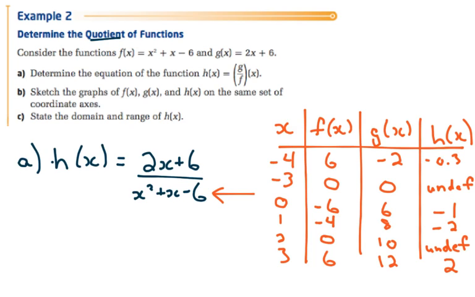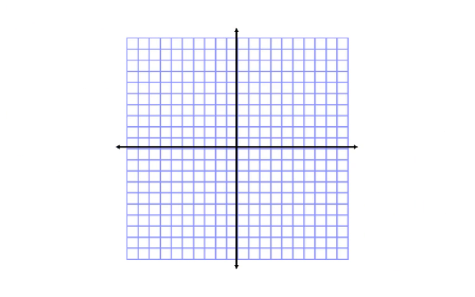So we go to graph these, and I'm going to flip back and forth so that I have them handy. F and G should not be an issue to graph. H is going to be a little bit more of an issue, and we'll deal with that when we get to H. So when we're graphing F, I'm going to color code these, so F will be in red.